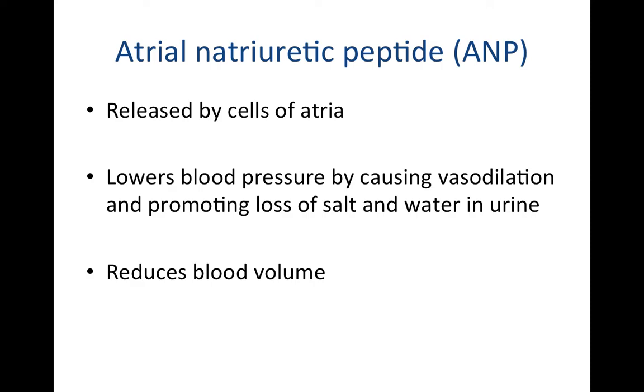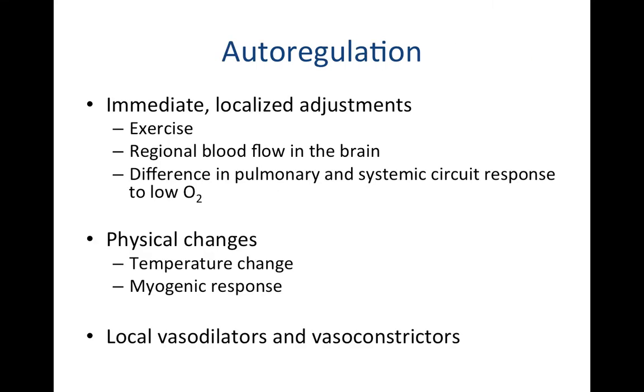The ANP causes vasodilation, and it also affects your kidneys, causing you to lose more salt and lose more water. And so it's causing you to lose more blood volume. And by lowering your blood volume, it helps to lower your blood pressure. So atrial natriuretic peptide will lower your blood pressure.